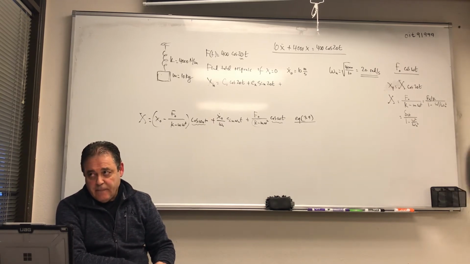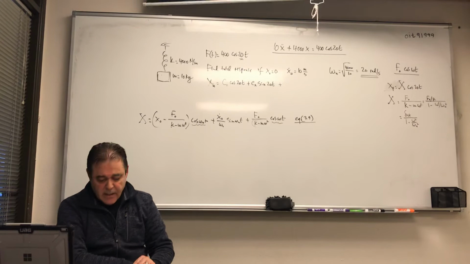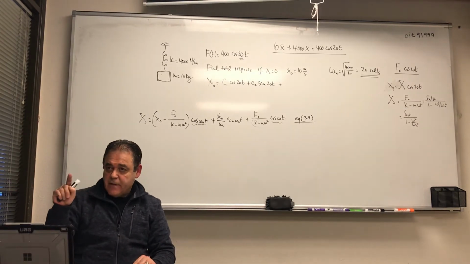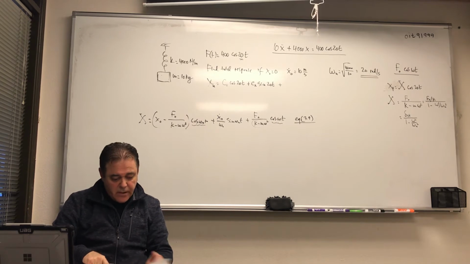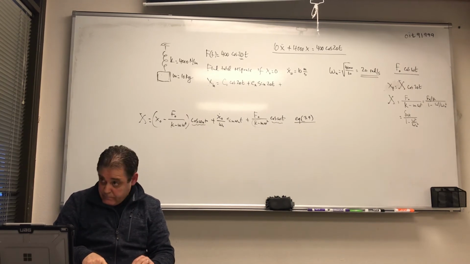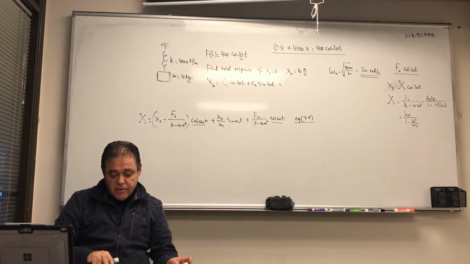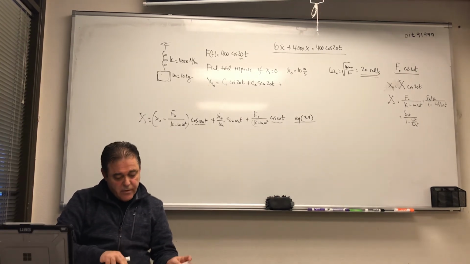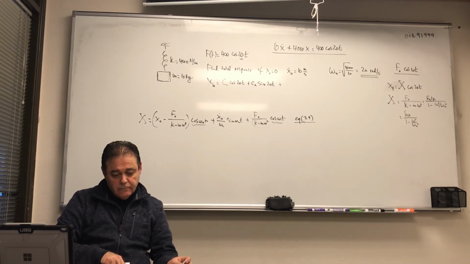So if it's 1, use equation 3.15. If omega is different than omega n, then you use equation 3.9. And when it's equal to 1, then you use equation 3.15. Can you use 3.15 for all three conditions?